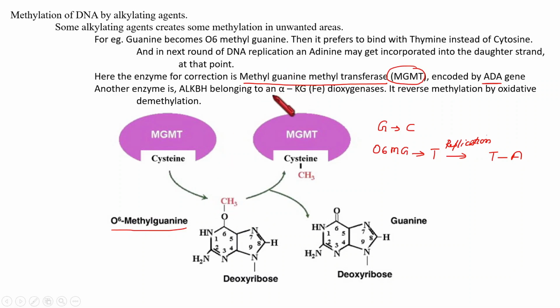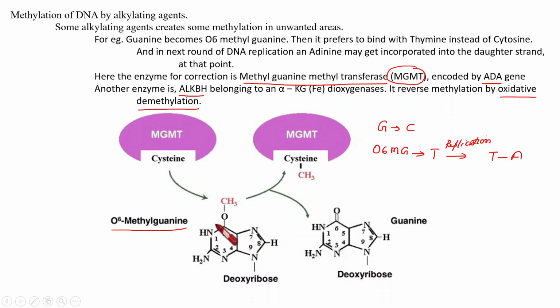One more enzyme is there. It is ALKBH. And this ALKBH is an alpha-KG dioxygenase type enzyme. And how do these enzymes correct this methylation? Through a process called oxidative demethylation. Oxidative demethylation means what?